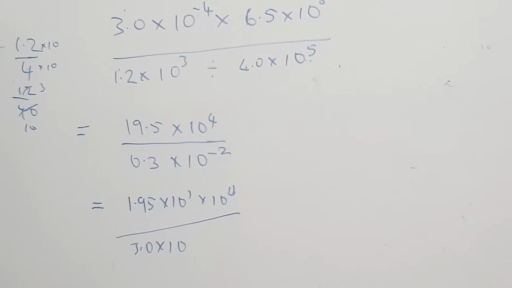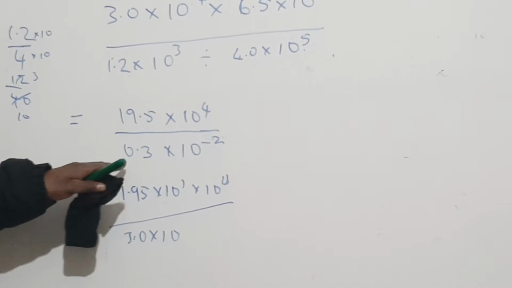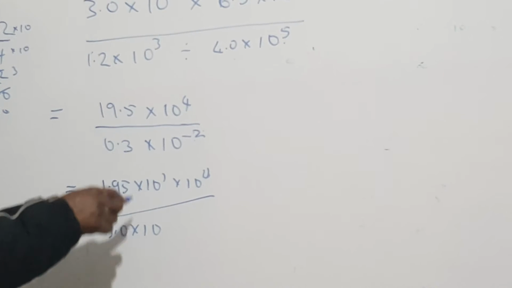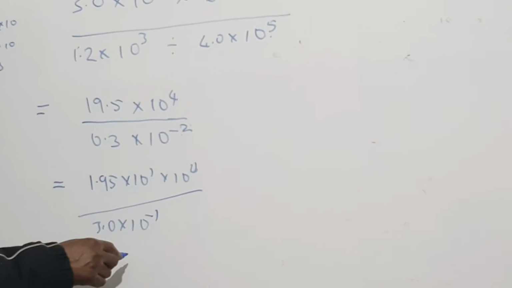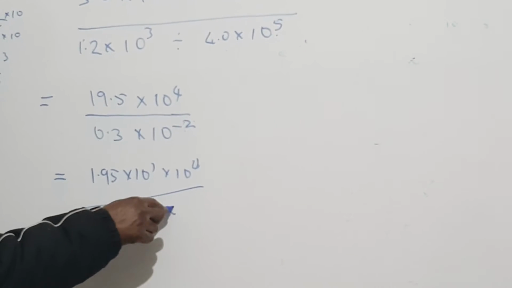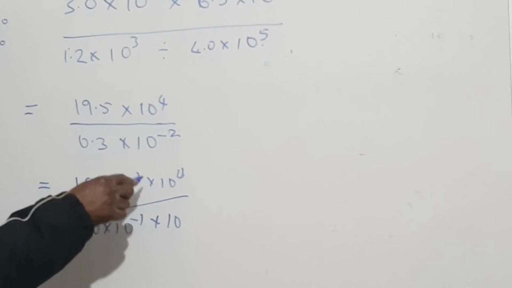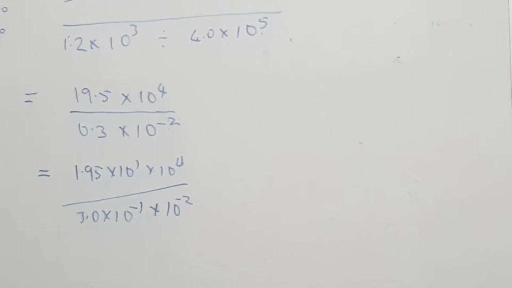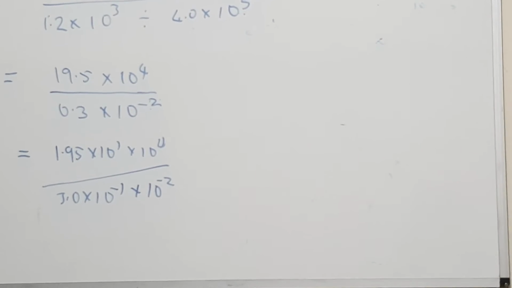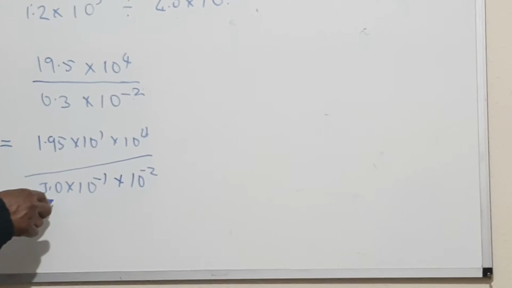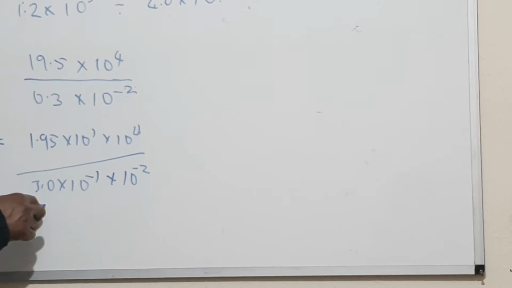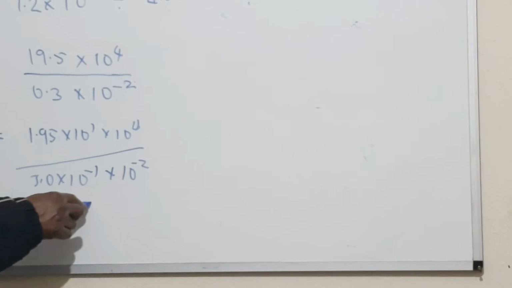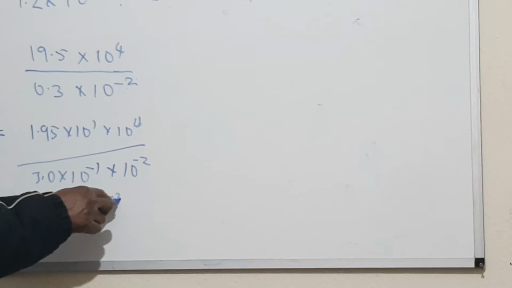You forget, this is a decimal. We move the decimal place, so it's minus. Please go to this video. Times 10 to the power, what's this one? Minus 1. So when you multiply the powers, we add. So this is 3.0 times 10 to the power minus 1.